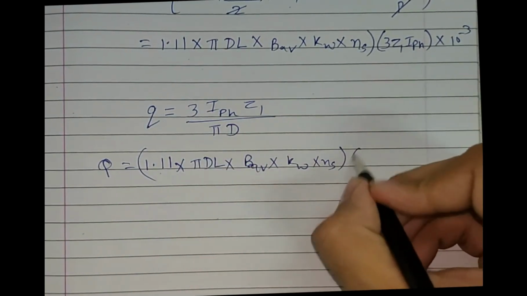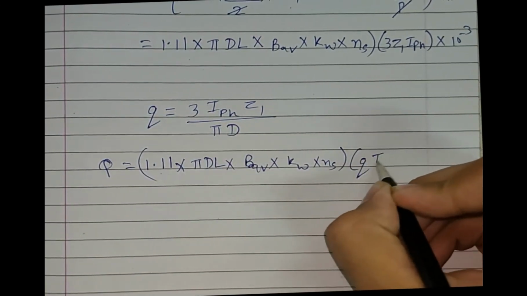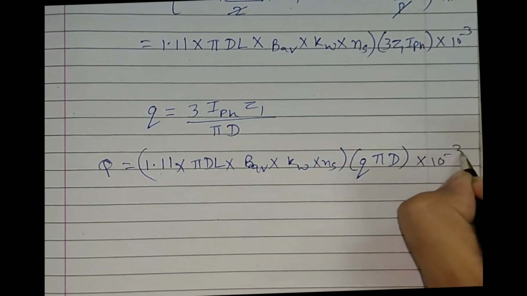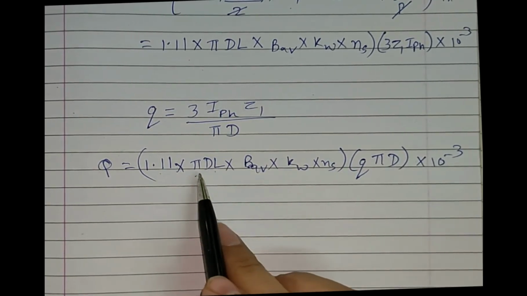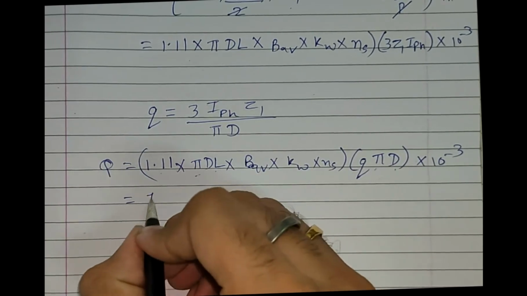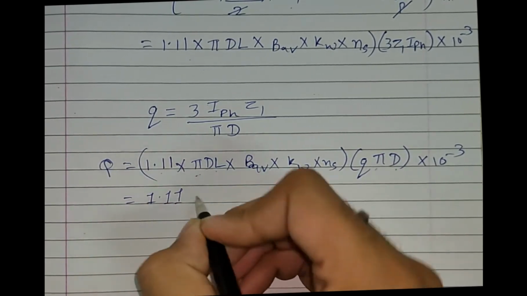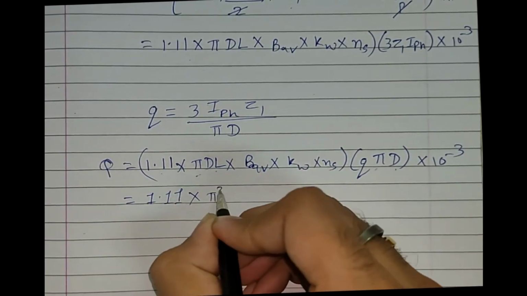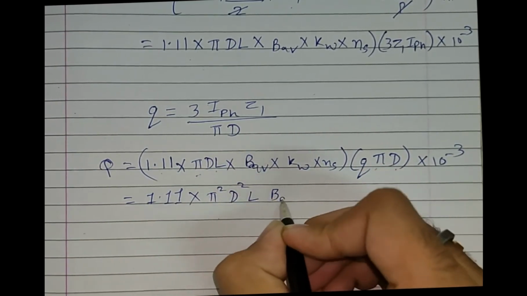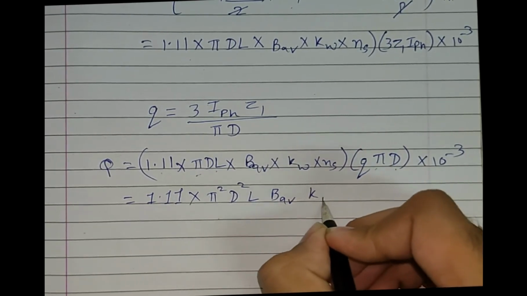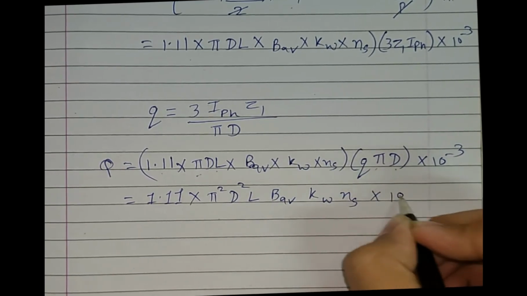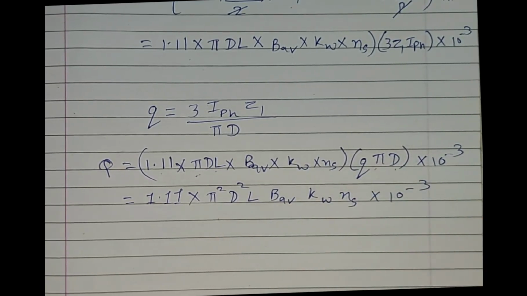This term can be written as q into pi into d and multiplied by 10 raised to minus 3. Now we already have terms of pi and d, so this could be further clubbed together and we have 1.11 multiplied by pi square d square L into BAV into KW into NS multiplied by 10 raised to minus 3.